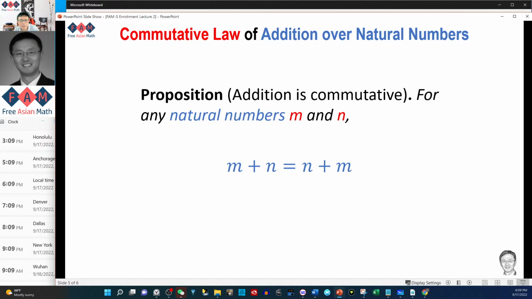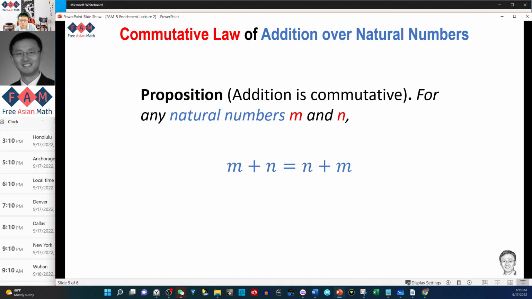Don't assume this is very trivial, because if we cannot do mathematical induction, this won't be able to be proven. Okay? So it is a very significant assumption, and that's actually our missing fifth axiom for the Peano axiom system. But in free Asian math, we do not assume this mathematical induction axiom for fifth graders.